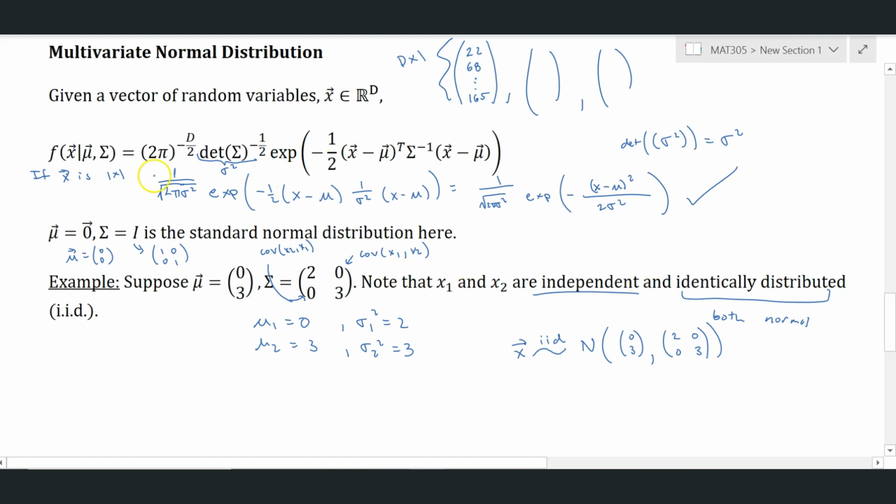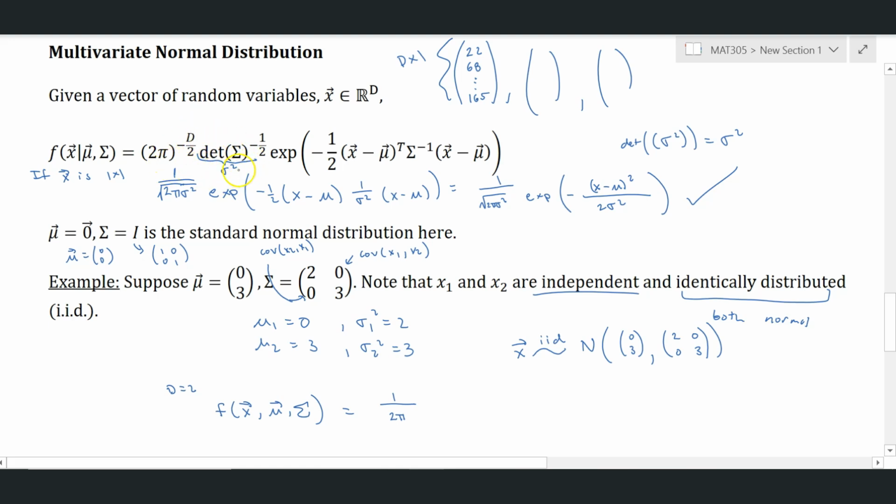So what would this look like as far as the density up here? Well, it's quite simple for this example because of the 0 covariances. Given the mu vector and the sigma matrix, that's what we need to fully specify the distribution. Here we have d equal to 2 because we have a 2 by 1 vector, and this would be negative 2 over 2, which would basically just give us 1 over 2 pi, because that's raised to the negative 1, which is simply the reciprocal.